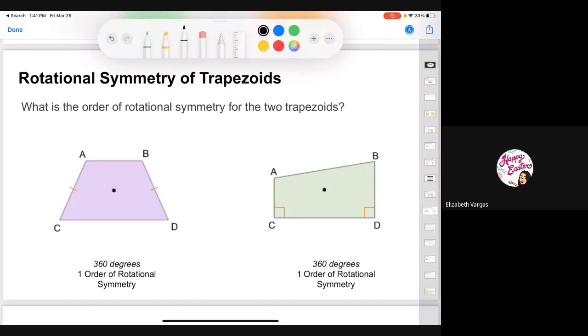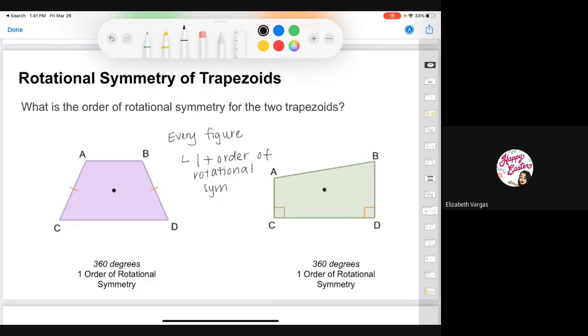In fact, every figure that you can think of has to have at least 1 order of rotational symmetry. So the minimum is 1 order of rotational symmetry. And you might be asking why that is.